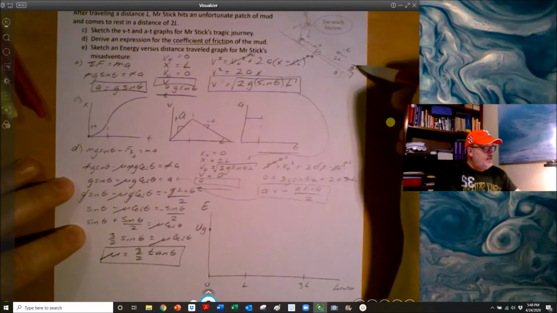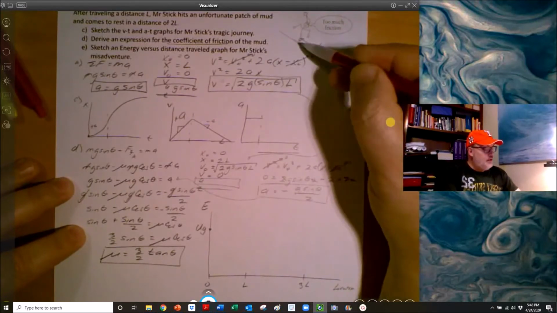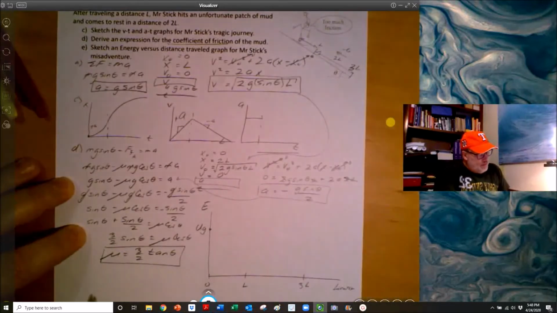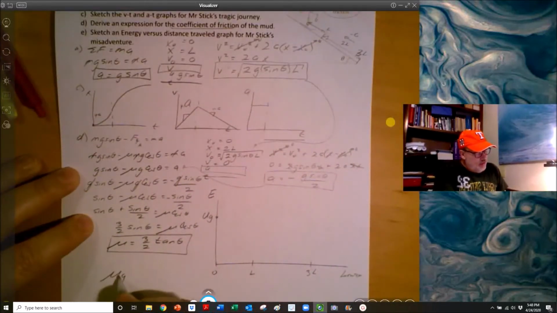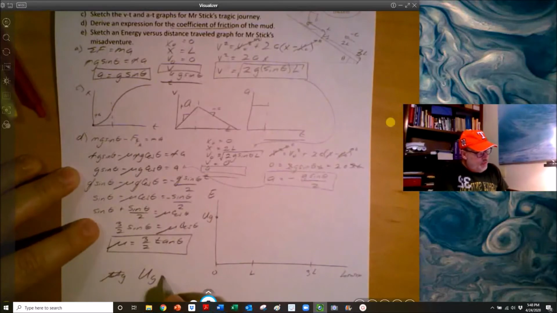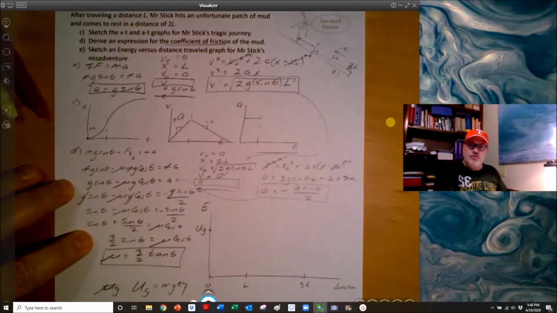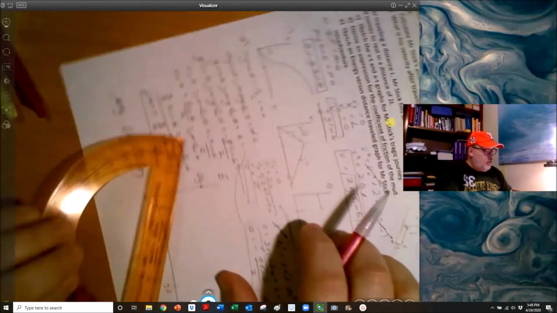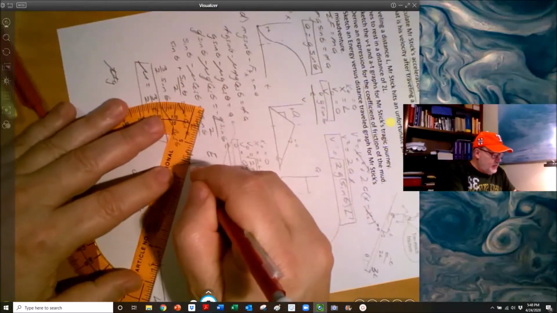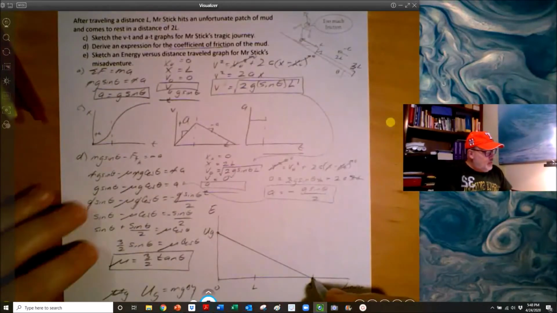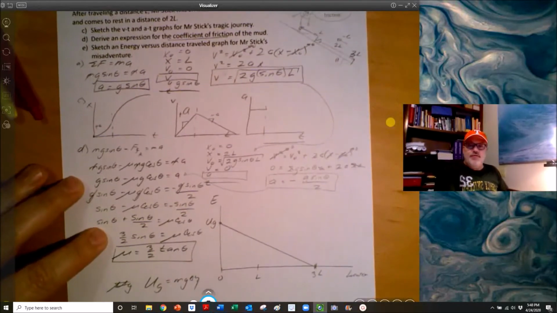So if he slides down the length of the slope, his potential energy will decrease at a linear rate because gravitational potential energy is mg delta y, and as he goes down the slope, that's going to be a change in y. So this should be linear all the way to the bottom, and I'm going to call the bottom 0. So he ends up down here with 0 gravitational potential energy.